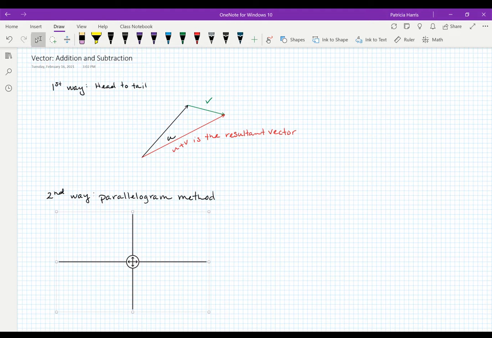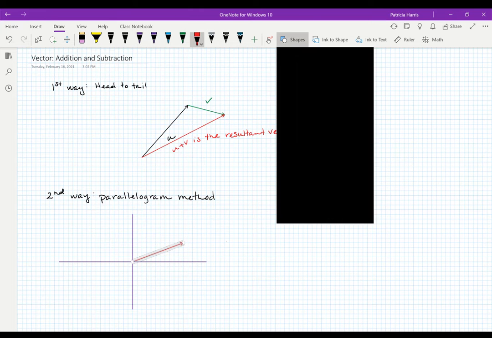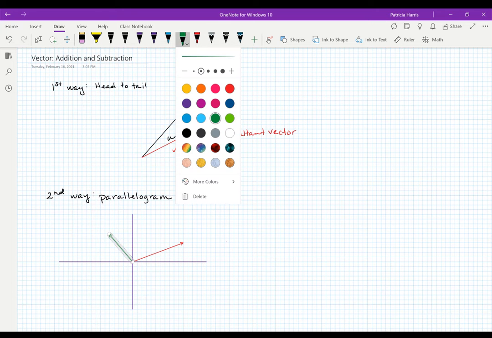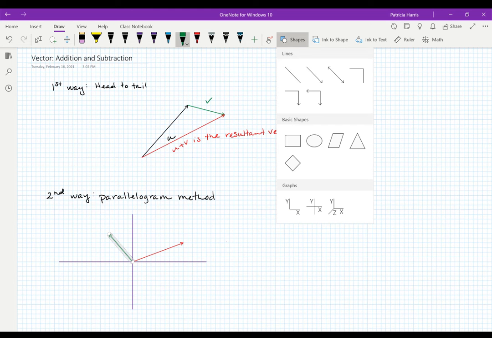Okay, so here is one vector. Okay, and I'm going to add it to another vector. Okay, so how you get your resultant vector is basically you make a parallelogram.